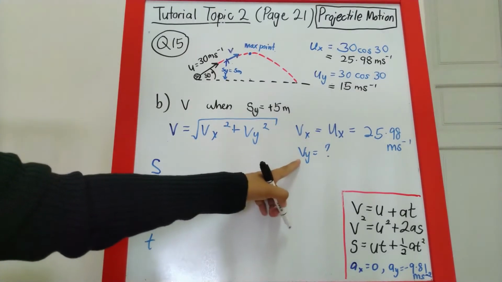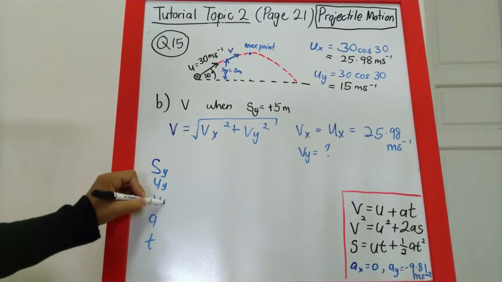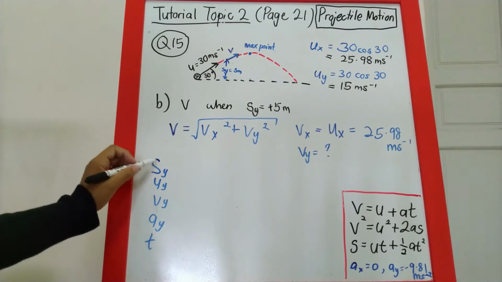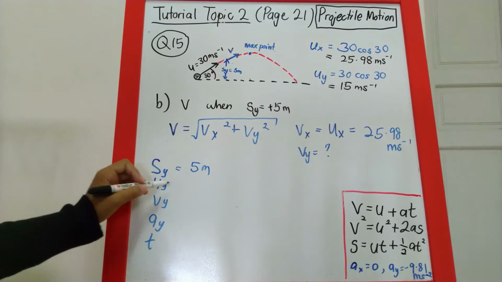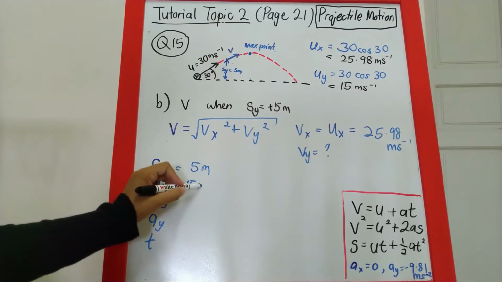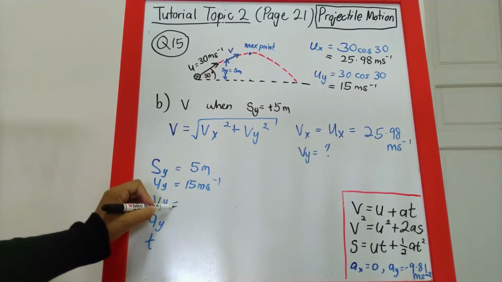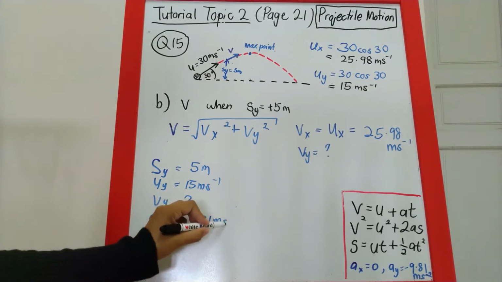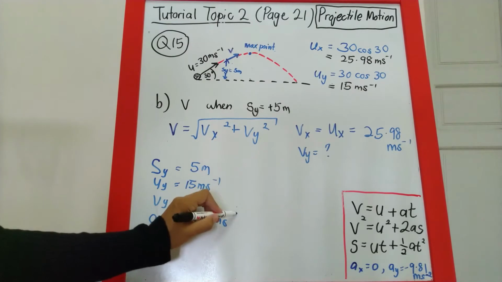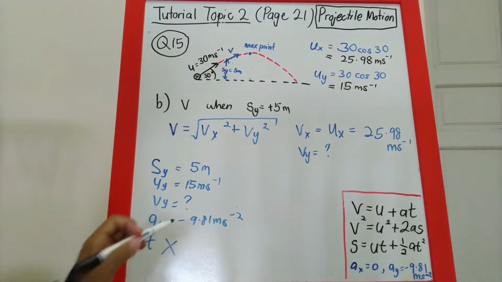We are doing the Y component, so let's do Y. Sy here is positive 5 meters, Uy we have 15, Vy is what we're going to find, Ay is negative 9.81 meters per second squared. We don't have any information regarding time.